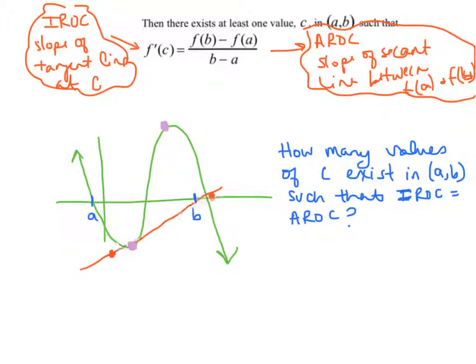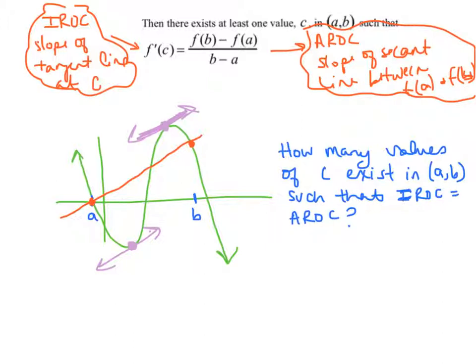If I put my line back where I started and draw in those tangent lines, I had one right here, and then I had one right here. Where am I noticing that those tangent lines are occurring?